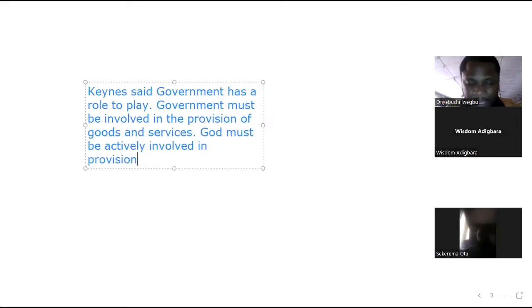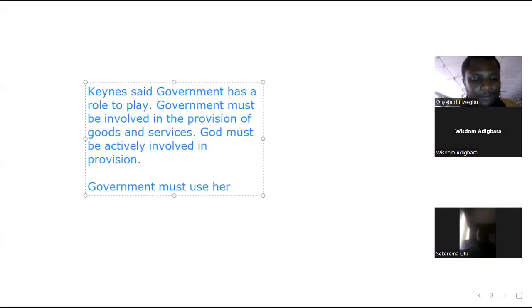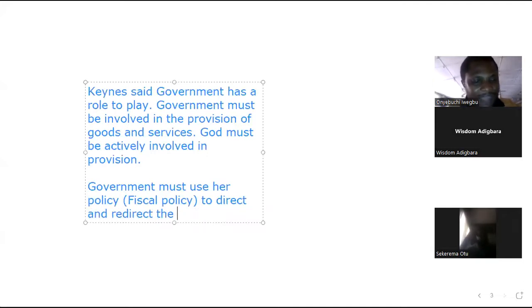Provision. Okay? The theory says government must use a policy. What is that policy called? That's what we call the fiscal policy, to direct and redirect the economy. Look at that word.